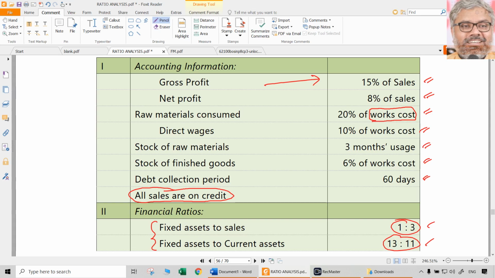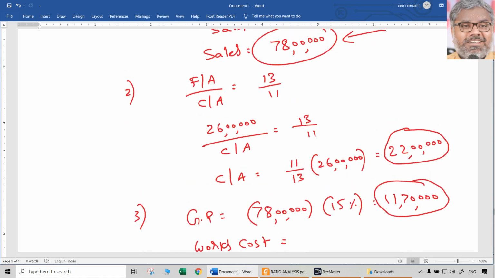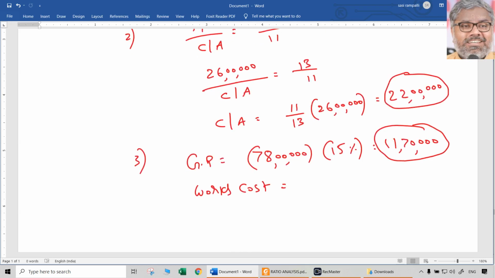As we already calculated, sales, which is 78 lakhs, and gross profit, that is 11,70,000. So we can say works cost is 66 lakhs 30,000. 66 lakhs 30,000.